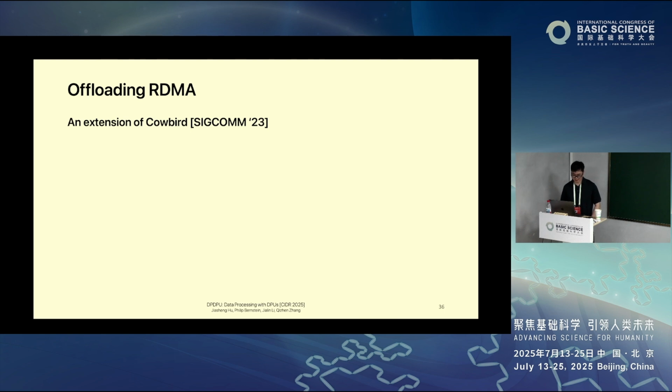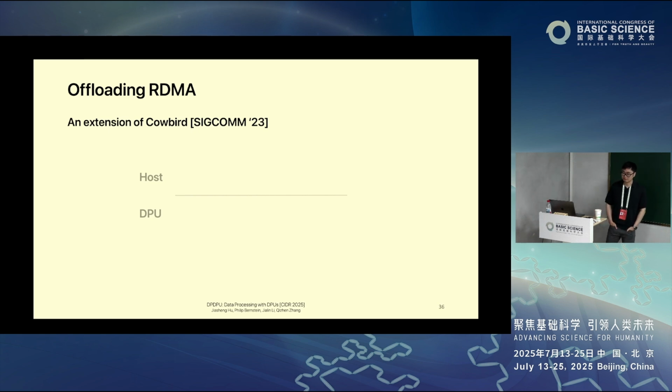So our idea for offloading RDMA in DPU is basically an extension of Carbird, which we published at SIGCOMM, a top conference in computer networking, a few years ago. In Carbird, our insight was that although RDMA is more CPU efficient than TCP, it remains pretty expensive.